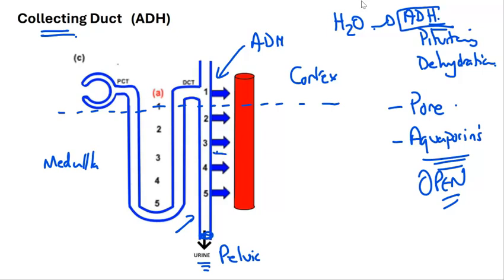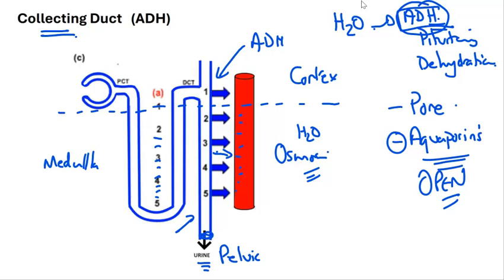Water is then able to move into the blood, and the movement of that water is because of osmosis. And in fact, again, subject to the gradient of the tissue fluid of the medulla. So the water moves by osmosis when the aquaporins are open because of the influence of ADH.